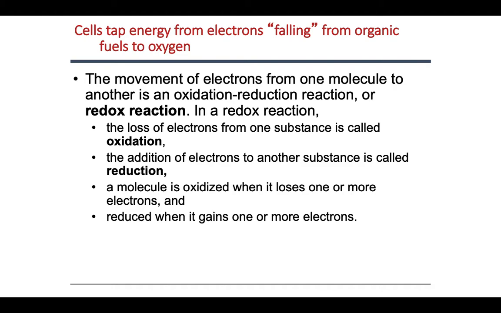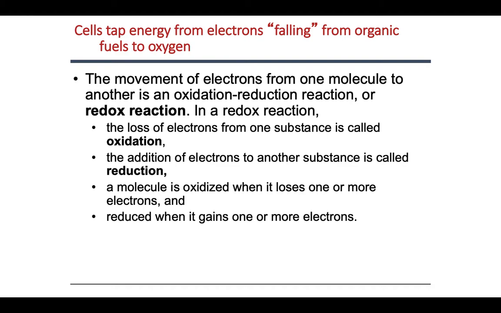The key to answering the question is understanding the redox reaction or the oxidation-reduction reaction. Note that in a redox reaction, once an electron is lost from a substance, an oxidation process occurs, while when an electron is added to a substance, a reduction process occurs.